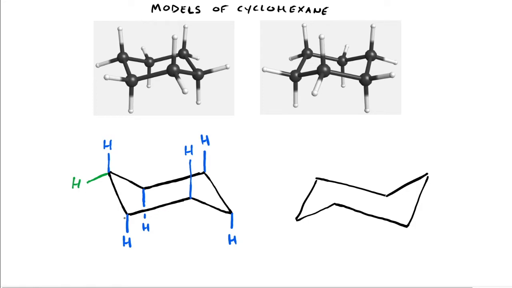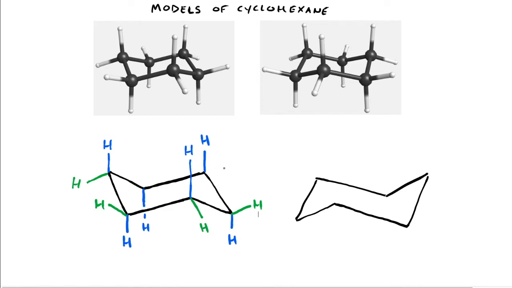The hydrogen atom that comes off of this one will go up, and it will be parallel to that bond right there. The hydrogen atom coming off of this carbon that's going down will be coming out this way, parallel to this bond and this bond. The hydrogen atom coming off of this carbon will go up like that, parallel to that bond and that bond.